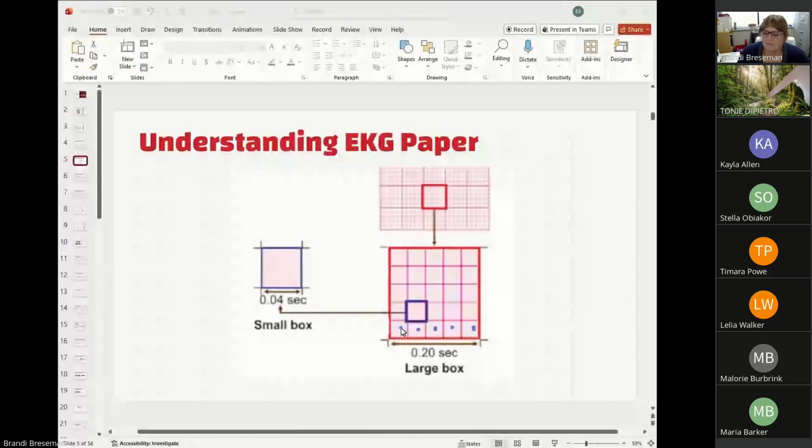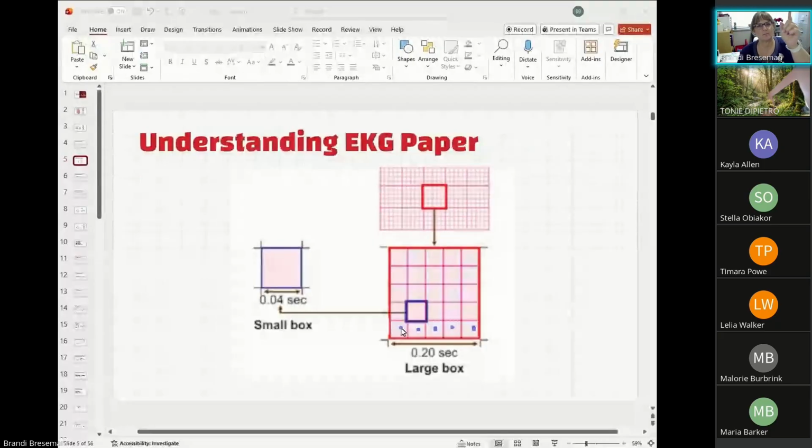Now, like I said, very rarely do you actually see strips printed on paper anymore, except for 12 leads. The majority of the time, this is all electronic. You go into the screen and you pull a strip up and you have electronic calipers.